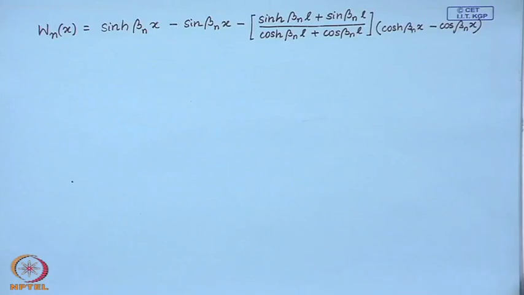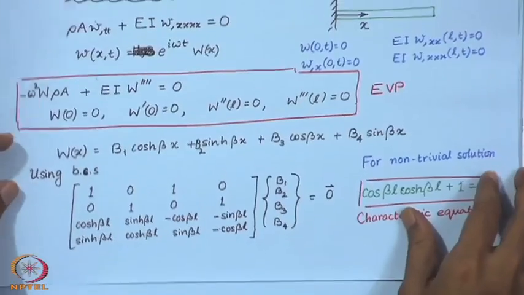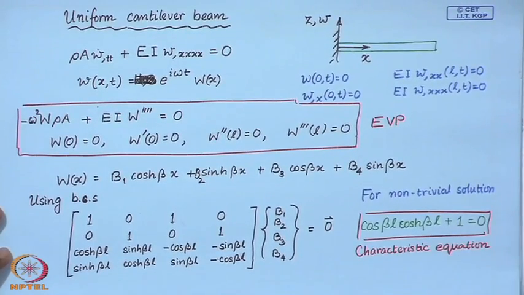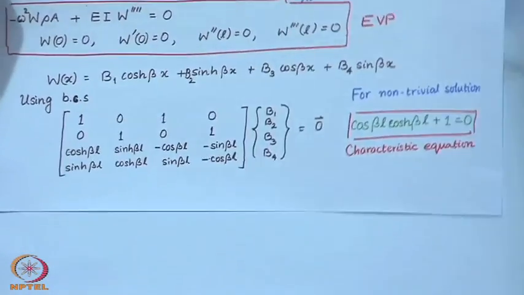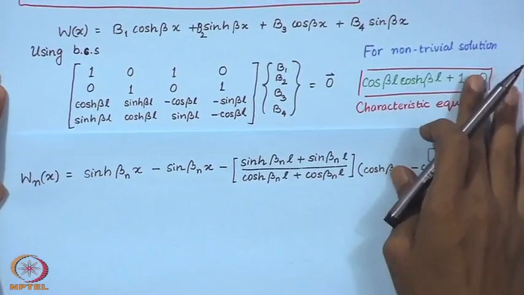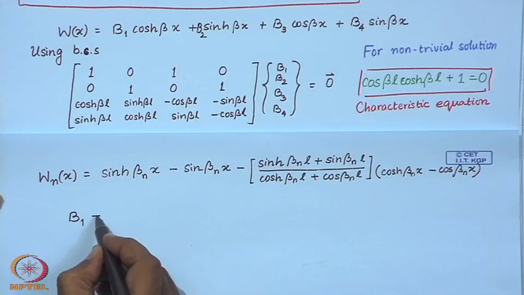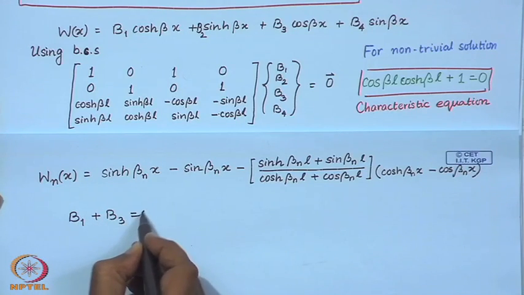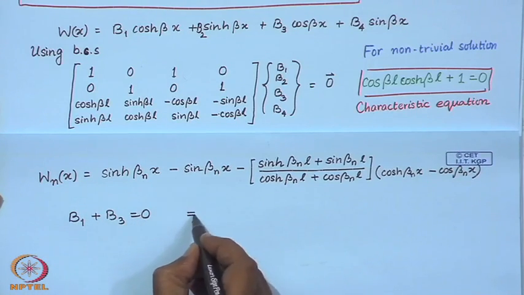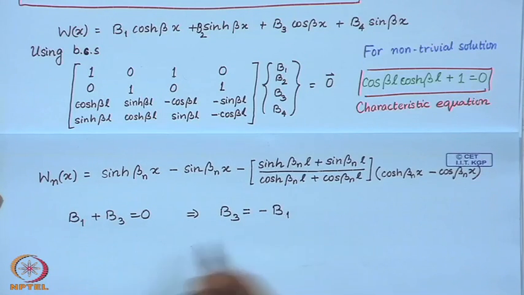now, let me just indicate how this has been obtained. So, this was what we had. Now, the first condition that we have from here is that this implies B 3 is minus B 1.